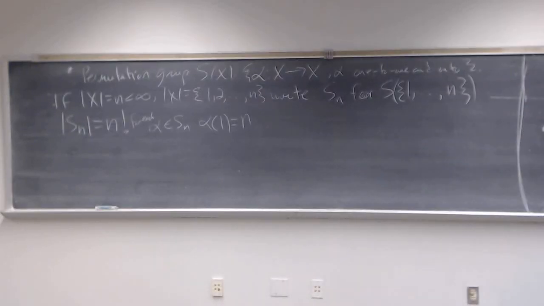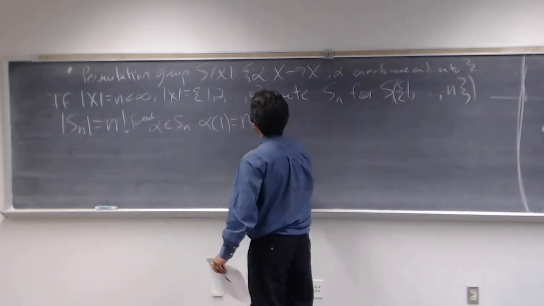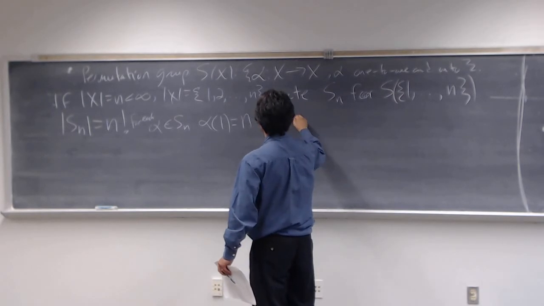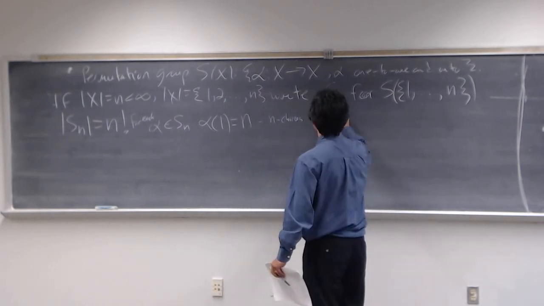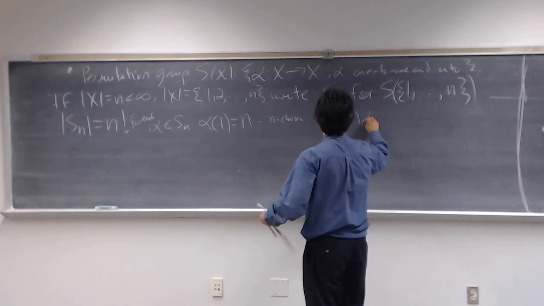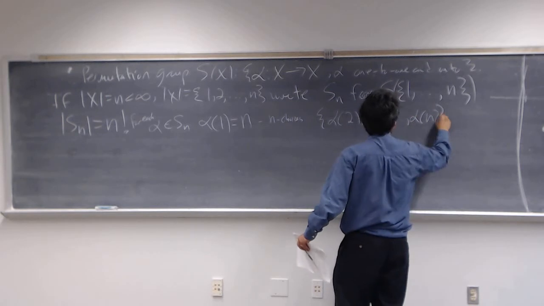So in that case, we sort of have n choices. And then you can look at what's left, alpha 2, alpha 3, all the way up to alpha n.